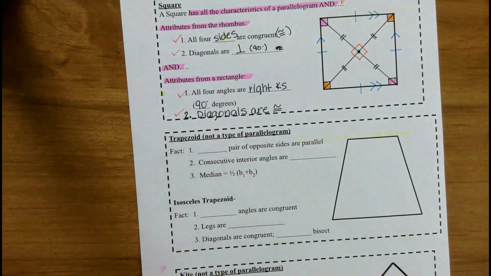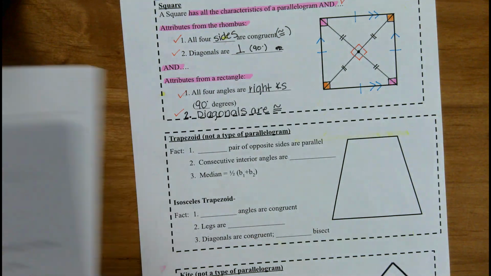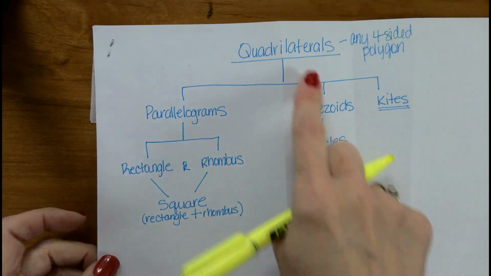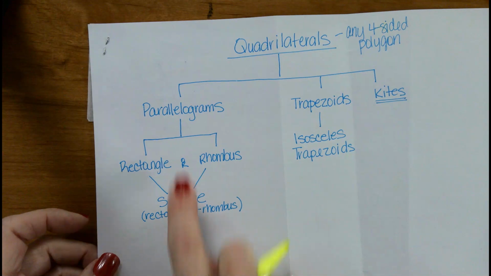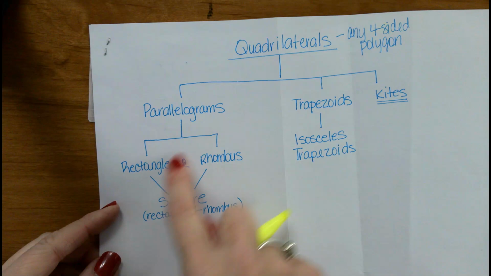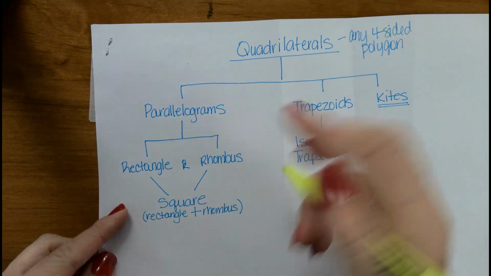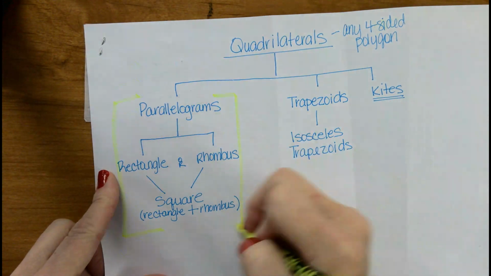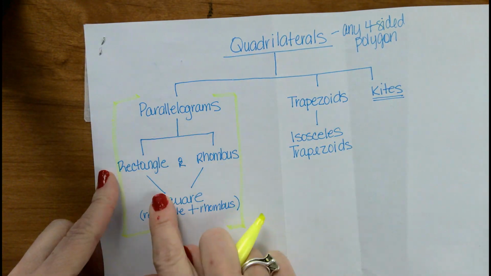That's where we are right now, referring back to that family tree. So if you're over here on this branch, if it's a parallelogram, you have to figure out if it's any one of these as well. You can't just stop at parallelogram. You have to double check.